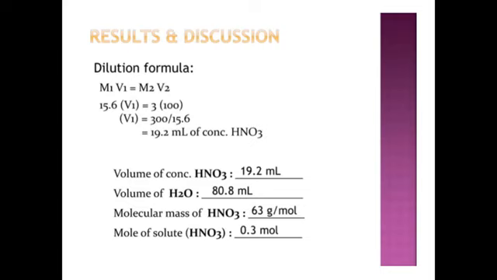Of course, the molecular mass of HNO3 is 63 grams per mole. Those are additional information that you may want to add. And then the mole of solute is 0.3, and of course you get the mole of solute from concentration equals number of moles over volume.